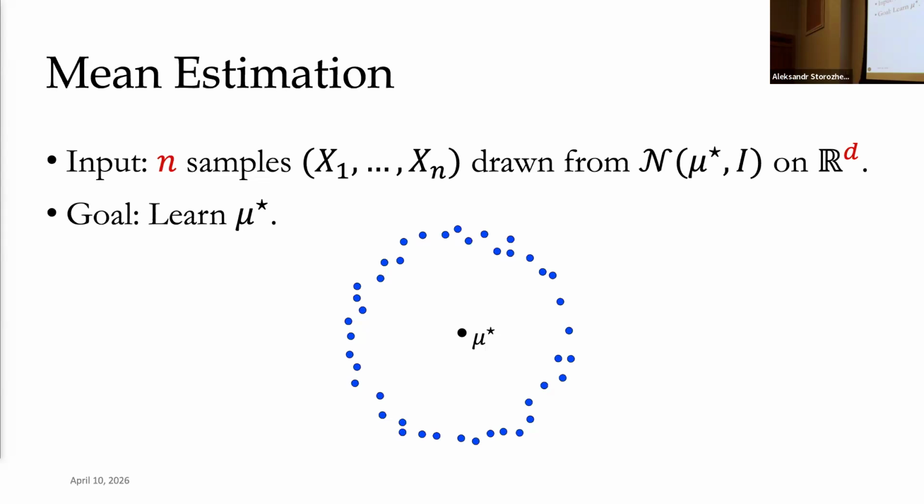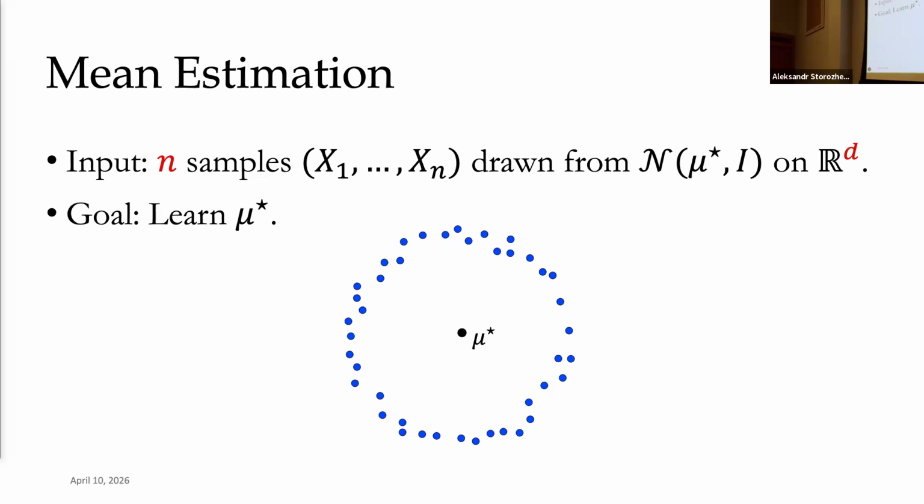My goal is to output a vector that's as close to mu star as possible. Now, this is a very well-studied problem. We know exactly how many samples we need if we want, let's say, accuracy epsilon. I need roughly d over epsilon squared samples, and so on and so forth.